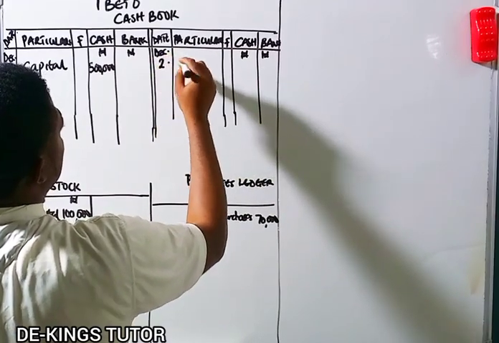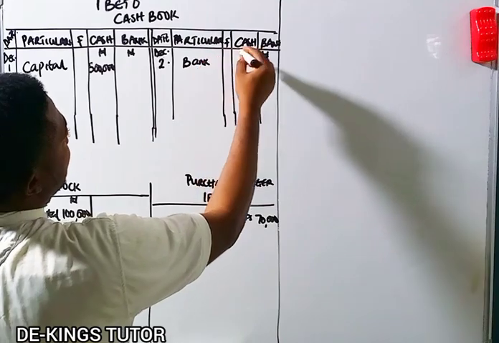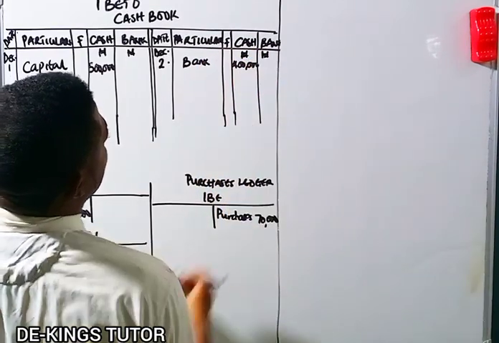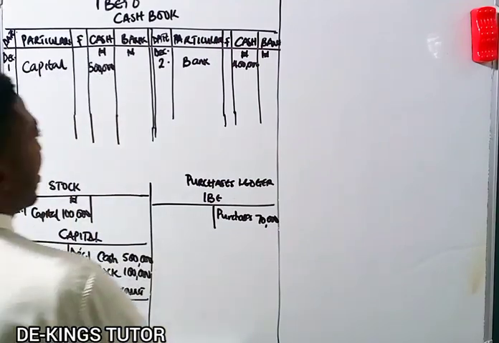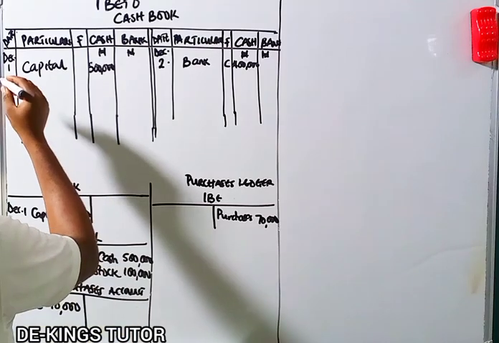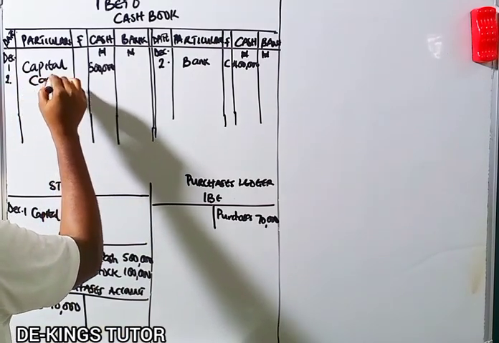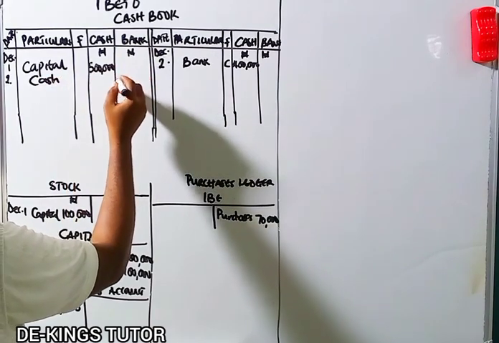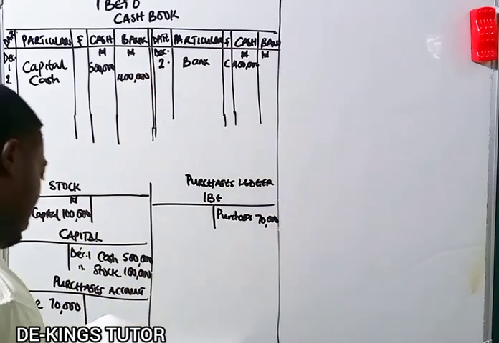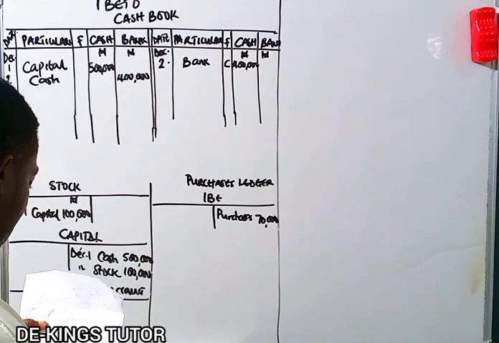Since cash is given out, the particulars will be bank. So we'll have in the cash column 400,000. I will have a C here to indicate contra entry. Now the same December 2, we'll now have cash in the particulars. In the bank column, it will be 400,000. So we've completed the double entry for that.